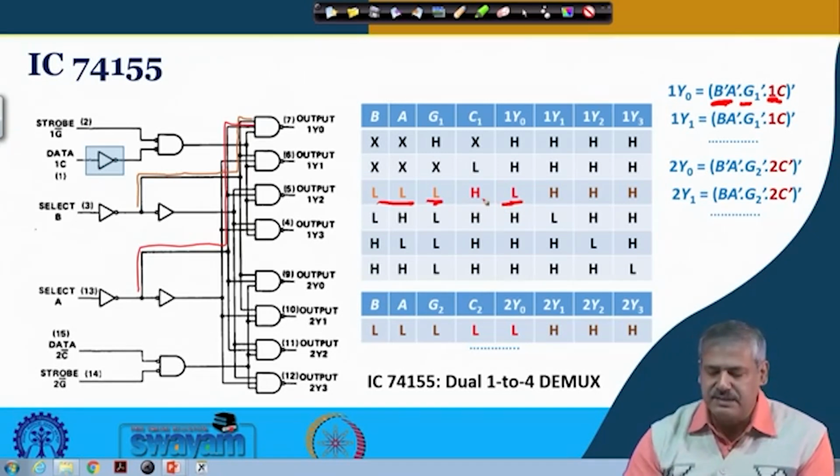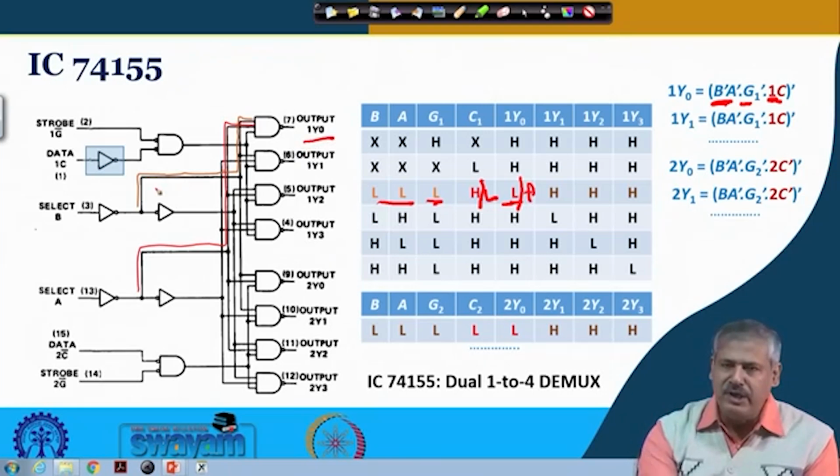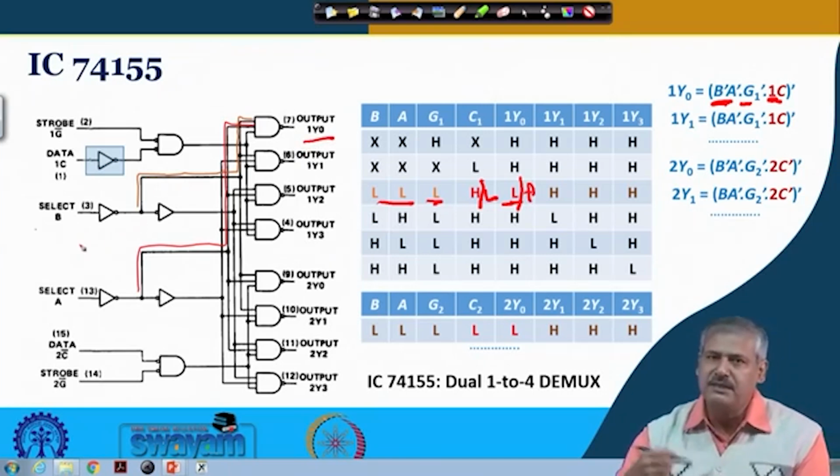Now, in this case, if C1 changes from high to low, the 1Y0 will change from low to high. So this output is following the input, but in an inverted manner.